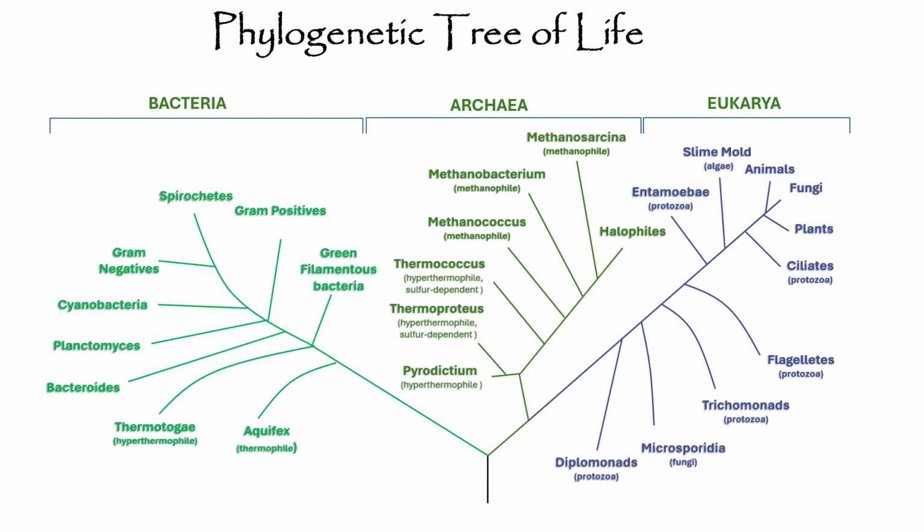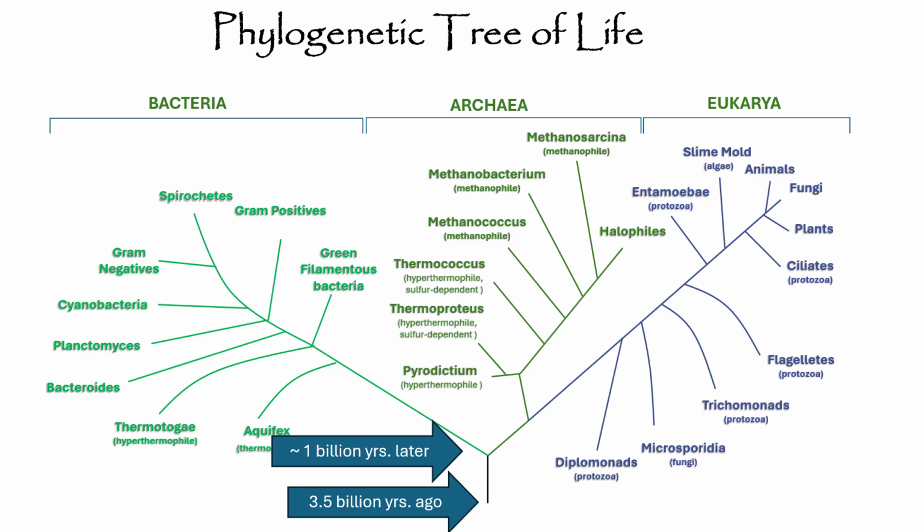So the base of this tree, down here, represents the common ancestor that links all living organisms. It's believed to have lived 3.5 billion years ago as a single-cell prokaryotic organism.